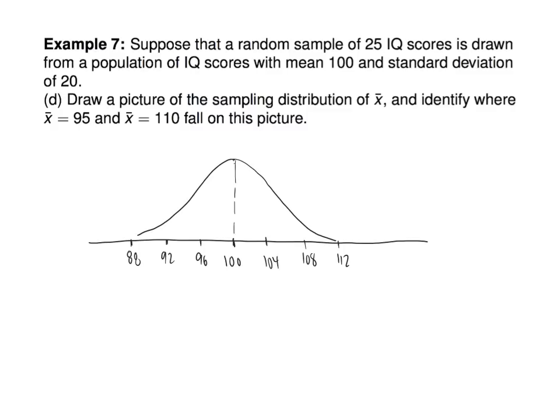Okay, so where does x bar equal 95 fall? Well, between 96 and 100, there's 4 numbers, and so 95 just falls below 96. Officially, it's a quarter of the way, because 92, 93, 94, 95, 96. So right there is x bar equals 95. And 110 falls exactly halfway between 108 and 112.